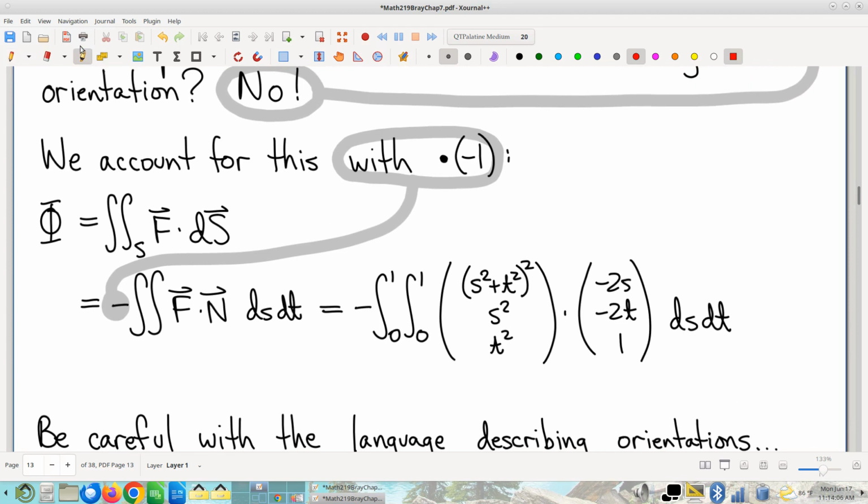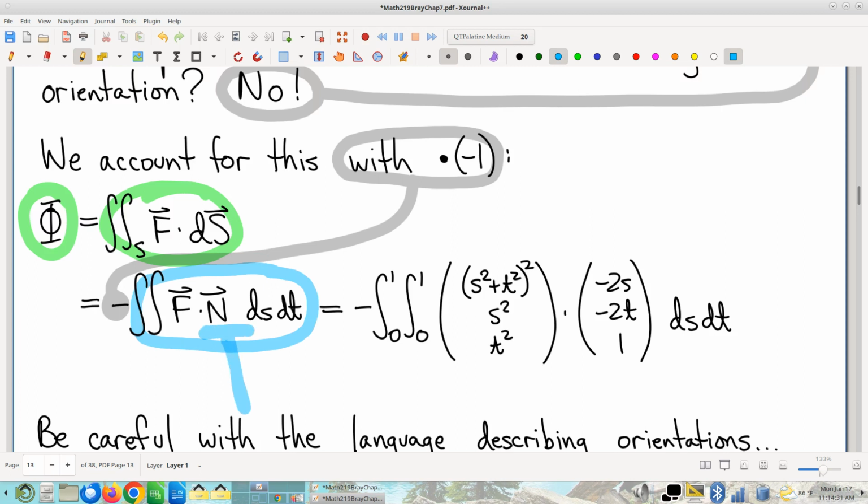Now, first thing I'm going to do is highlight this question. The question that was asked was compute flux. That came with the given orientation. This integral here uses the ds vector, which is defined based on the given orientation. And now, down here, let's look at this integral. That integral right there is in reference to the parameterization.